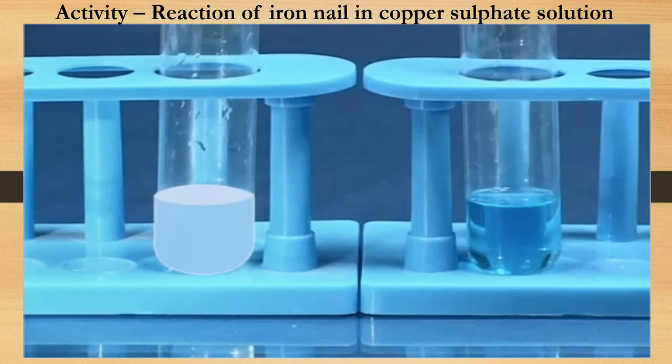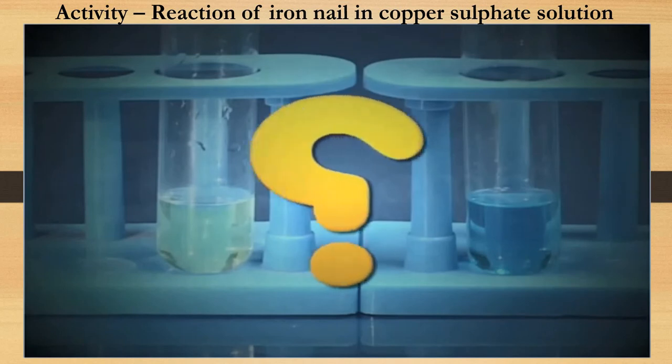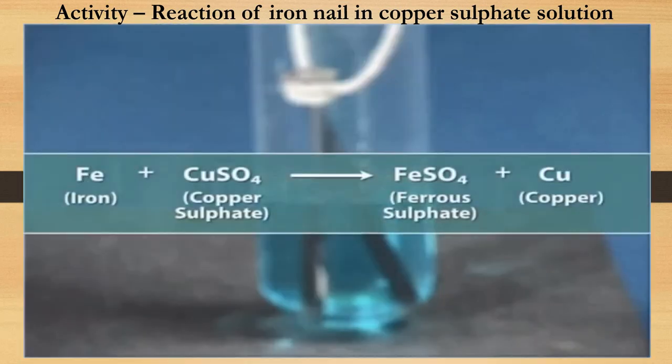You will observe that the color of the solution in test tube A is faded because iron has displaced copper from its salt solution and formed pale green solution of ferrous sulfate, and the copper is separated out.